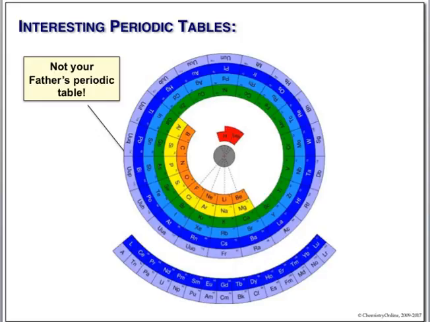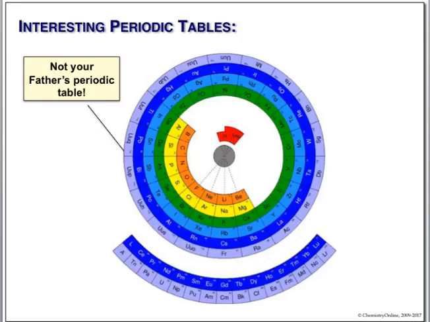And again, these guys would slip in somewhere. I can't even figure out where they slip in, but they slip in one of these spots. Again, very unusual, but there are lots and lots of different periodic tables. Any questions?